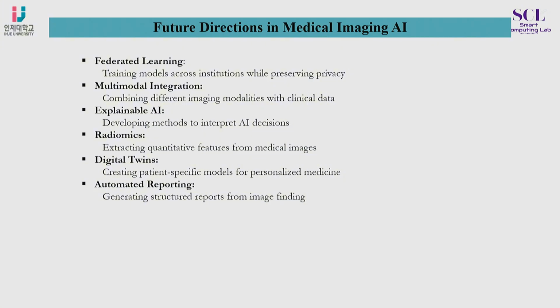And radiomics, also extracting quantitative features from medical images. There are some deep features as well. For example, while using CNN and other kind of architectures, we are extracting the deep features of the image.